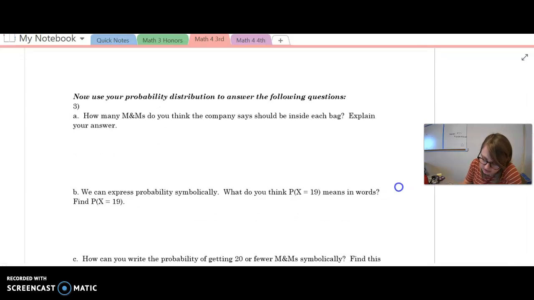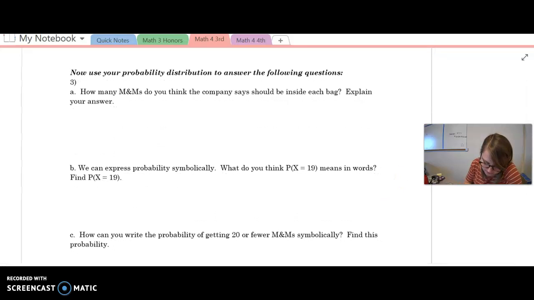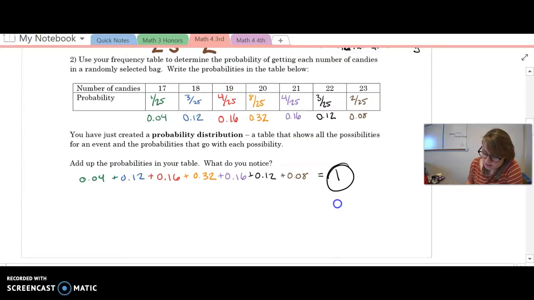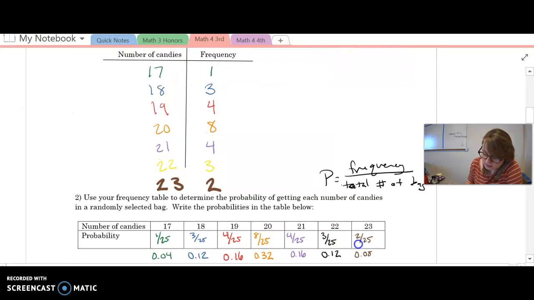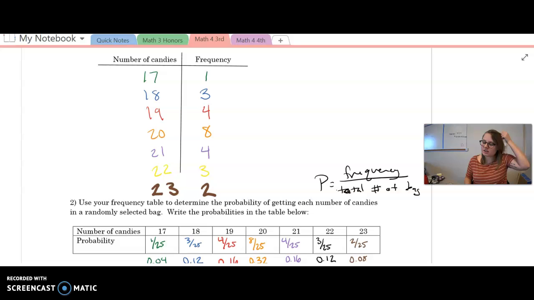Alright, so let's answer the following questions. How many M&Ms do you think the company says should be inside the bag? Explain your answer. So let's go back up to our frequency table. When it says what we should say is the amount, that means what is the most common possibility that a customer will get? Well, the most common number is 20 right here.